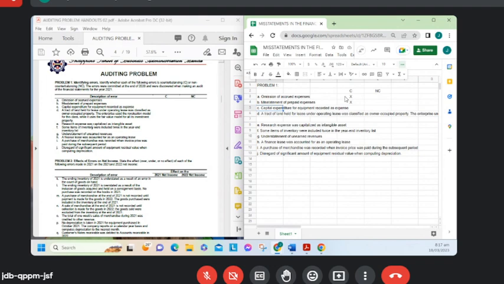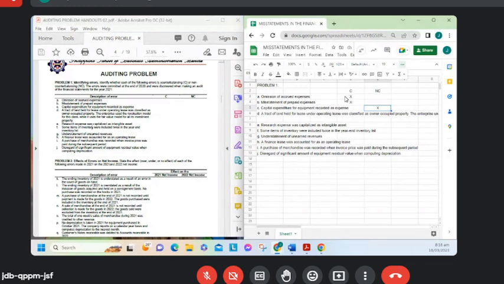Letter C, capital expenditure for equipment recorded as expense. So this is a non-counterbalancing error. Why non-counterbalancing? This is cumulative, no? So supposedly, the capital expenditure will have an impact on the periods wherein the equipment will be used.